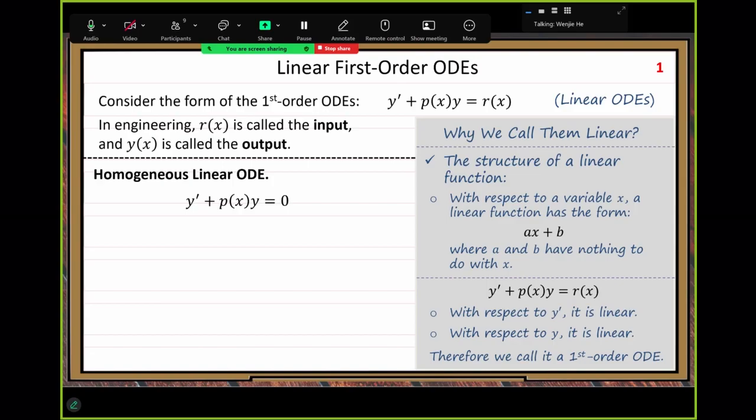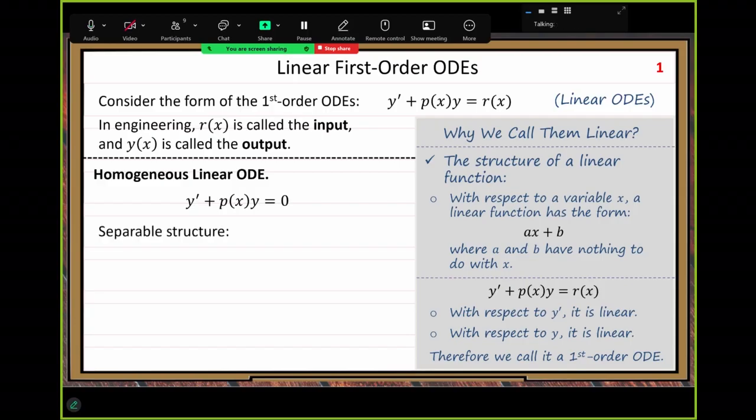When we solve an ODE, we want to find all the solutions. This homogeneous version will allow you to cover all the solutions. So that's why it's important, and we need this step. All right, so let's consider this homogeneous linear ODE, the first step.